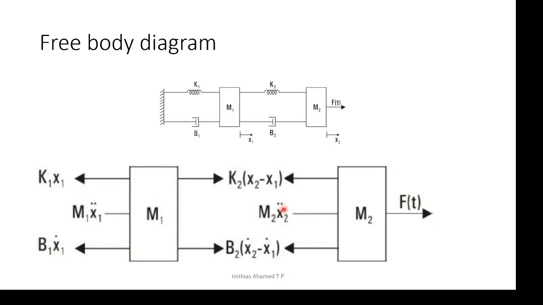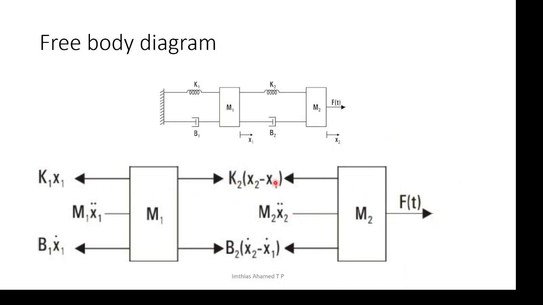And for mass, only one end is there. Mass is a rigid body. Every part of the mass will move by the same amount. So the acceleration force will be m2 into x2 double dot. So this is the free body diagram for the mass m2.